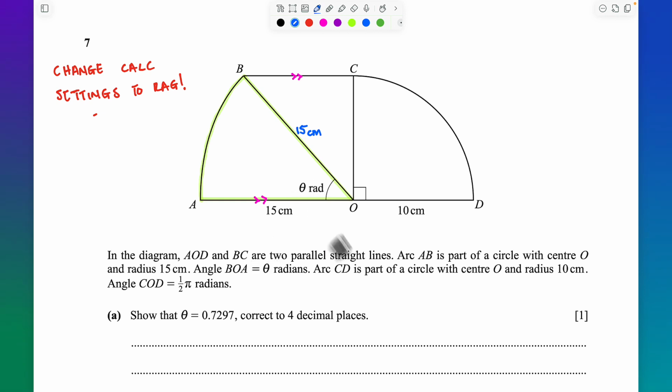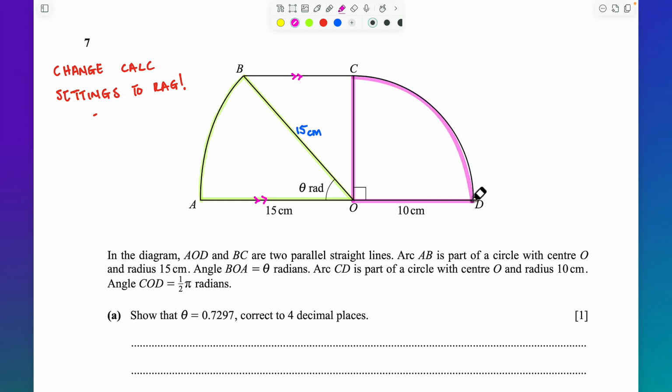We've already seen that. Arc CD over here is part of a circle with center O and radius 10. So we're going to do exactly the same thing that we've done before. We mark that sector as well. So we have that line over here, that line over there, and then this arc over here.